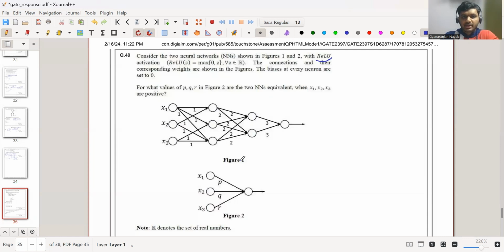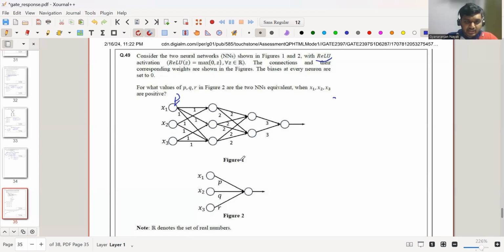ReLU equals maximum of 0 and z. The connections and their corresponding weights are shown in the figure. The bias at every neuron is set to 0. For what values of P, Q, R in figure 2 are the two neural networks equivalent when x1, x2, x3 are positive?